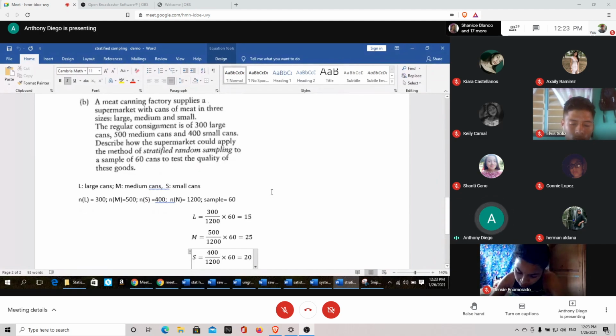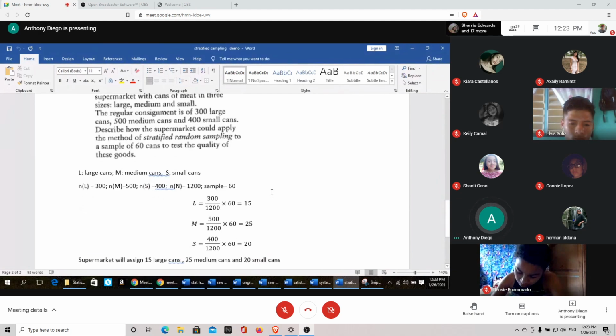Small, 400 over 1,200 times 60, that's 20. So if you were to add 15 and 25, that's 40, and 20, that's 60. So from this consignment, the supermarket will assign 15 large cans, 25 medium cans, and 20 small cans.